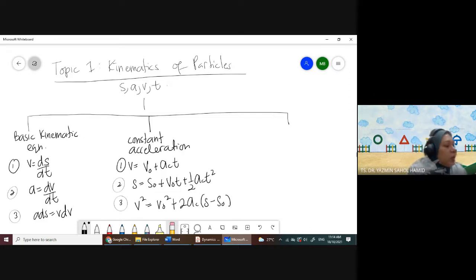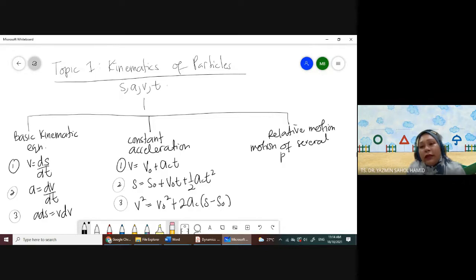Today we're going to learn about the motion of several particles, more than one particle, relative motion. Now, all these three are related to rectilinear motion.